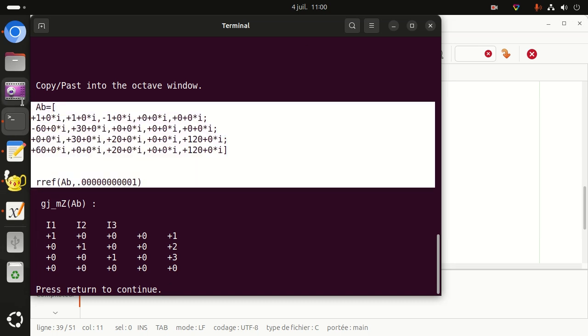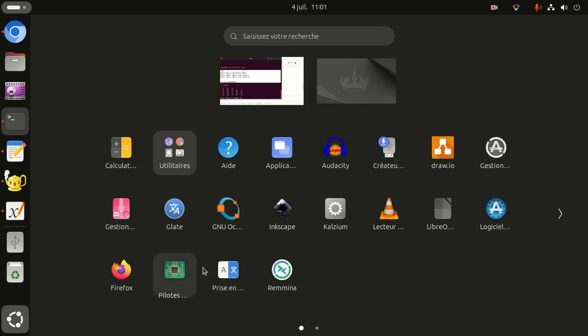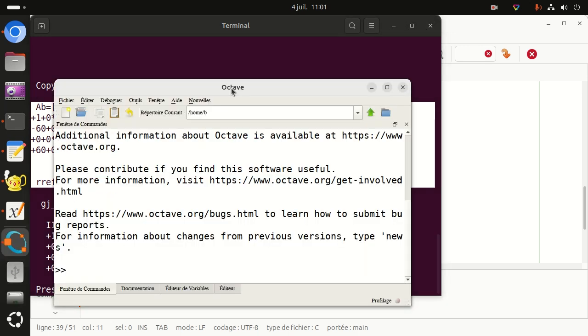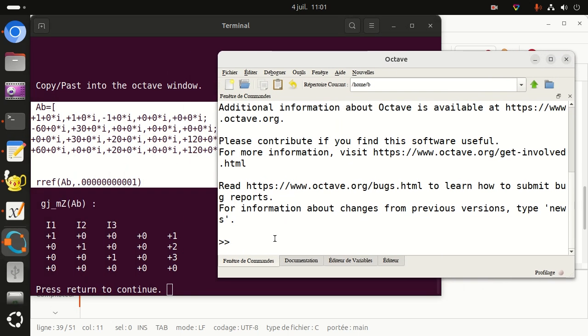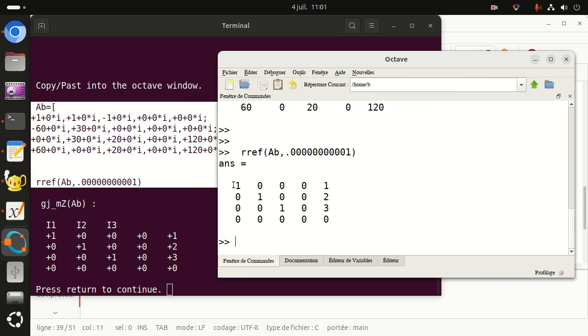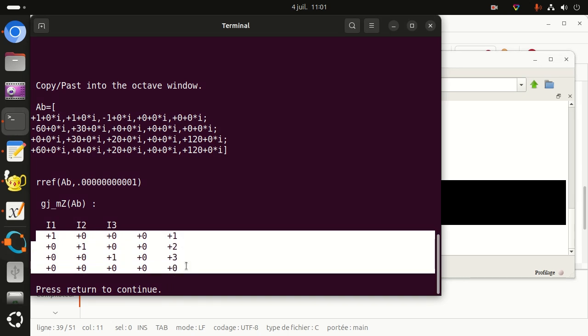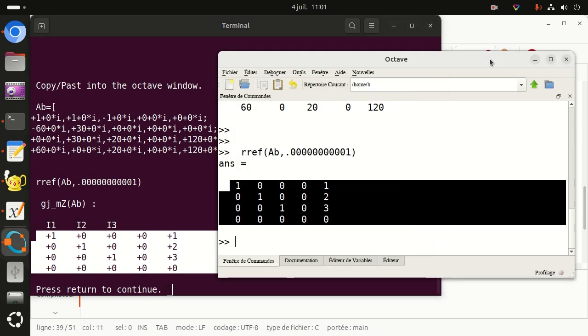I copy this system in Octave. And this is a result with Octave, and this is a result with my function.